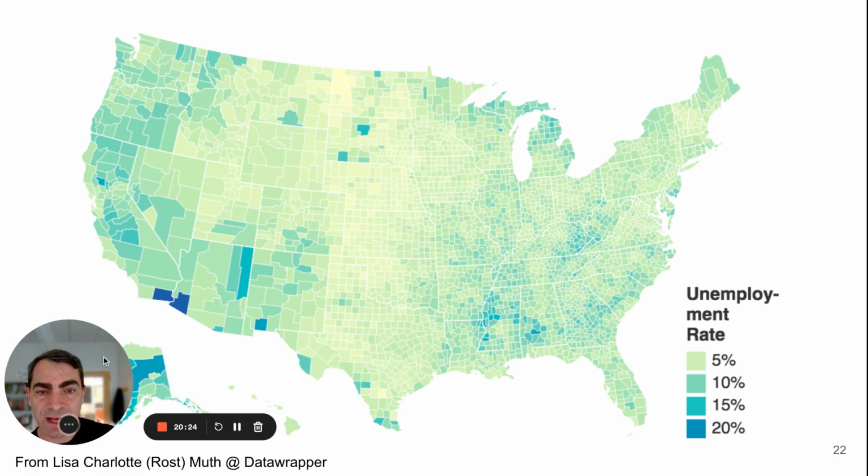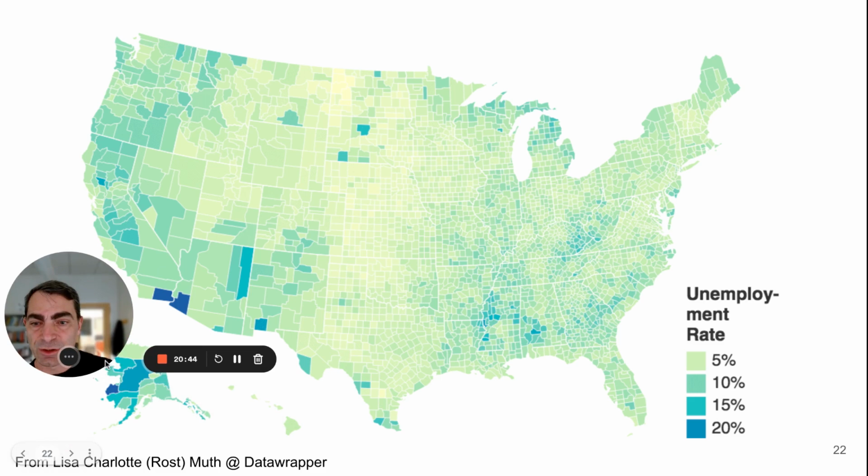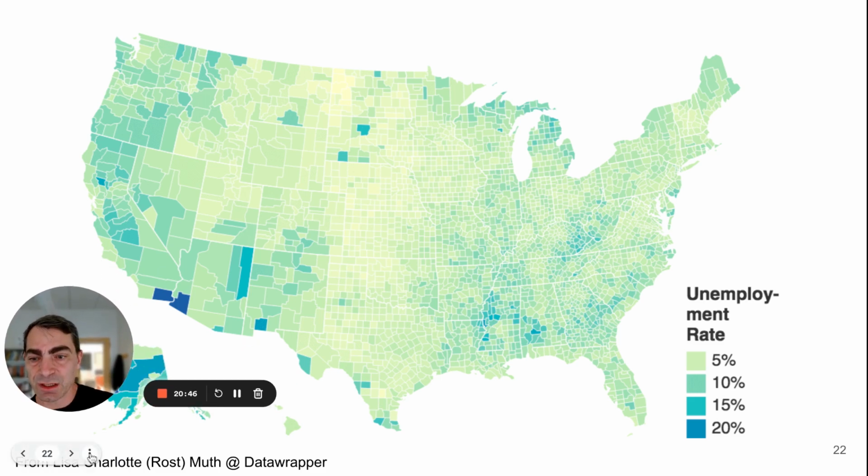So we have a US map showing unemployment rate. If you look at the legend on the bottom right, you see the colors that correspond to 5%, 10%, 15%, 20%, and so on. And you'll see that there's a very high concentration in the map.